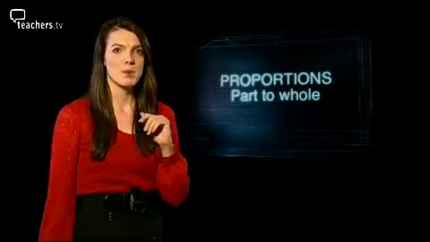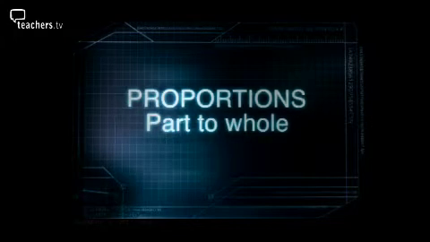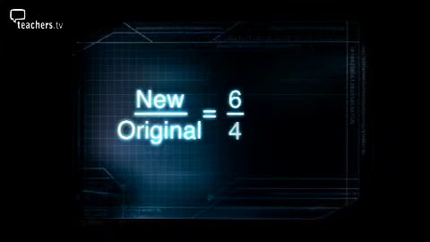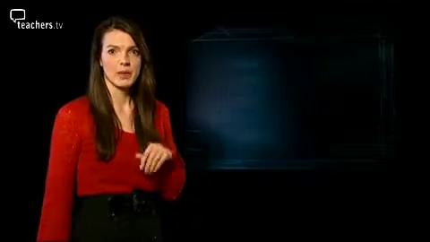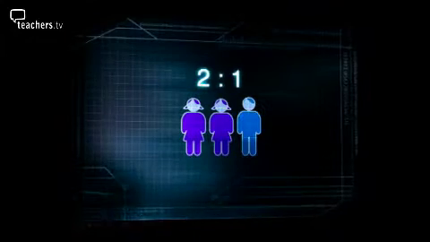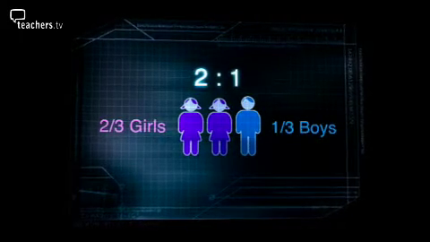For example, moving from 4 to 6, the multiplier is the new amount divided by the original amount, which is 6 divided by 4, and that gives us 1.5. And don't forget, you can easily convert ratios into fractions. For example, if the ratio of girls to boys is 2:1, then 2/3 are girls and 1/3 are boys.